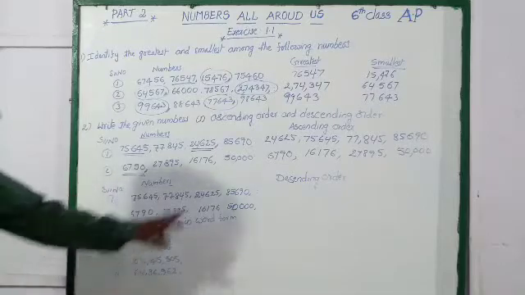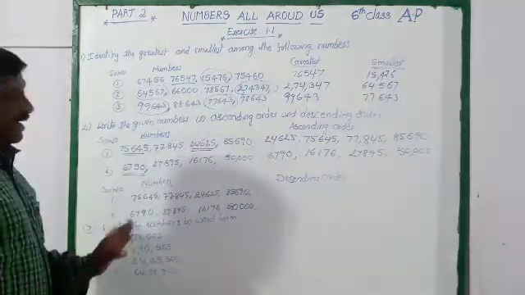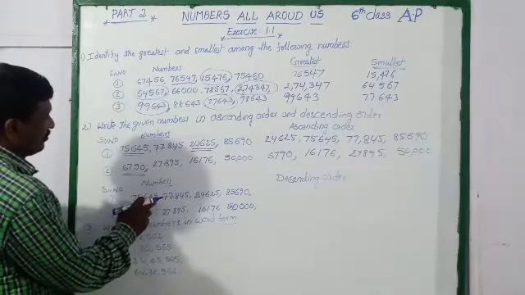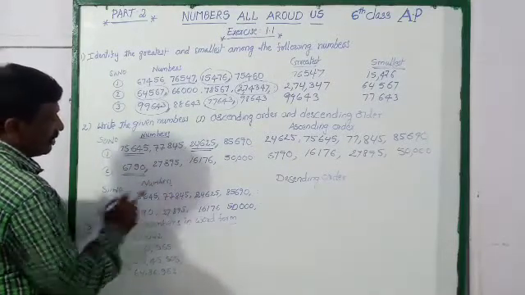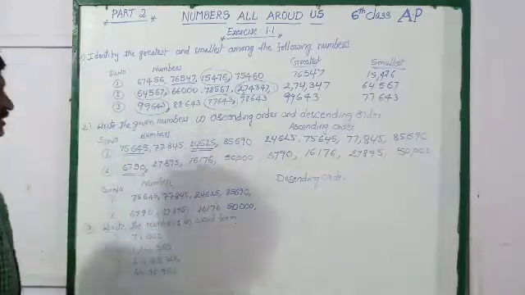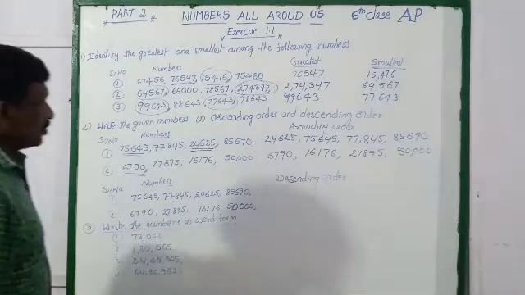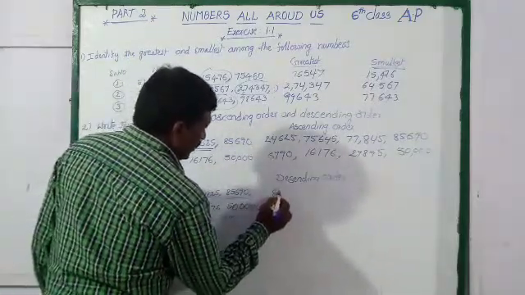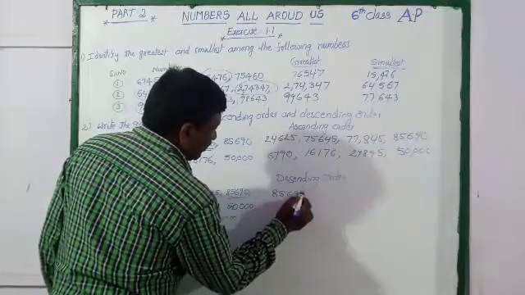Next, descending order, from greatest to smallest. 75,645, 77,845, 24,625, 85,690. So 85,690 is the greatest. You will start from the greatest: 85,690.